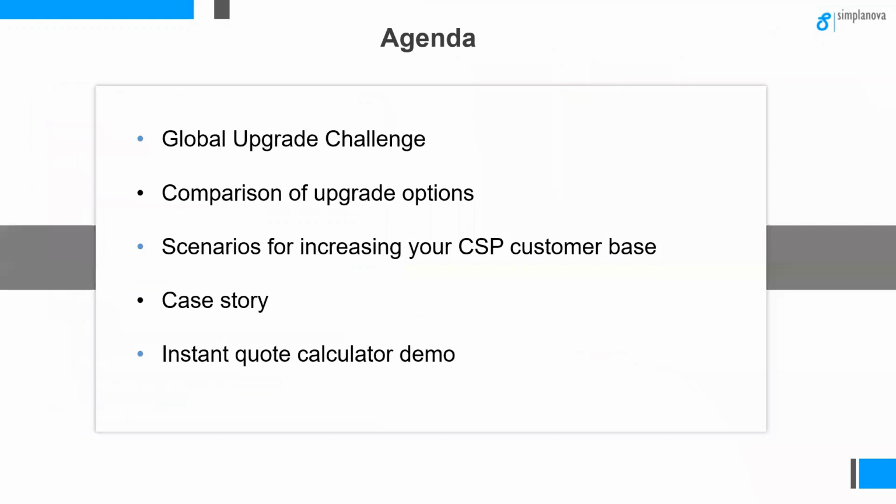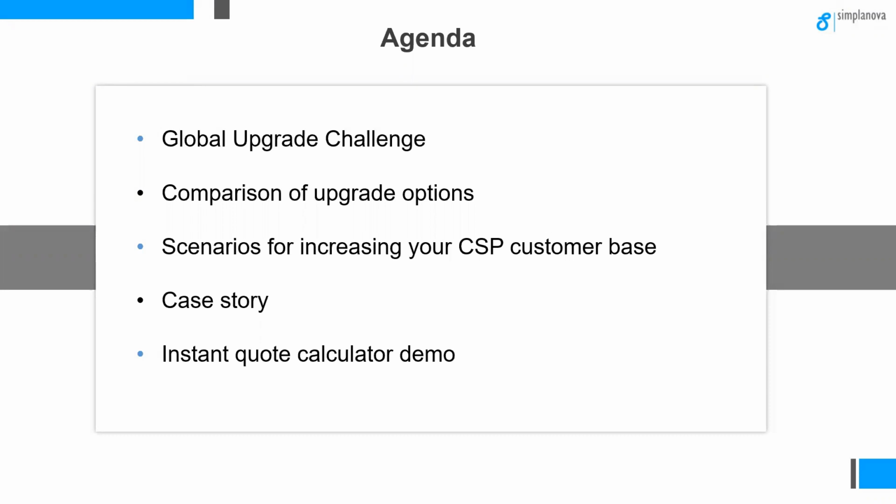And let's go to the agenda, what we are going to discuss today. So we'll go through the global upgrade challenge. We'll see what the options for upgrades are, what the scenarios are, how you can increase your CSP customer base, or how you can convert your existing customers to CSP customers.